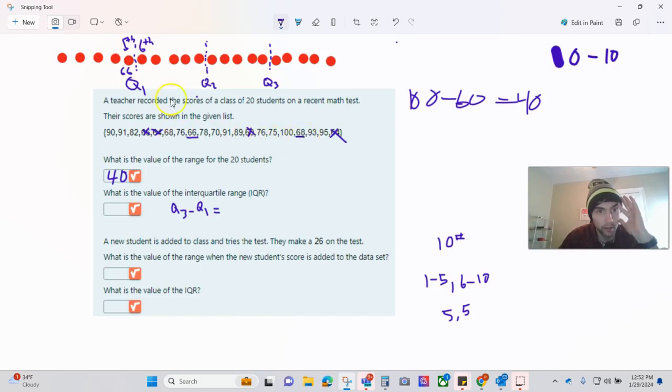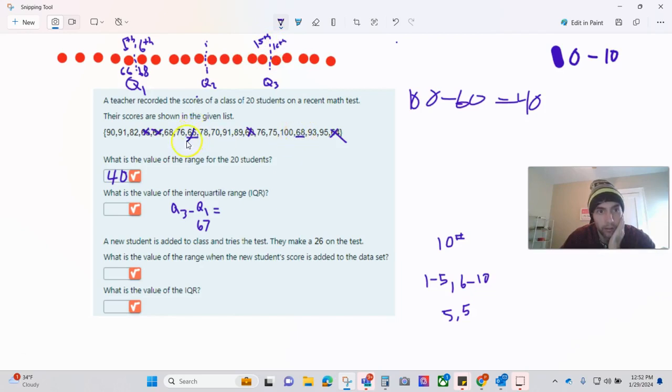And 68 is my 6th number. So, what number is between 66 and 68? What is halfway between 66 and 68? My 5th and 6th number. Yep, 67. That's Q1. For Q3, our 11, 12, 13, 14, 15th number, and the 16th number.